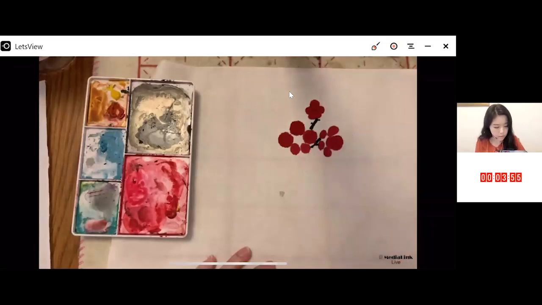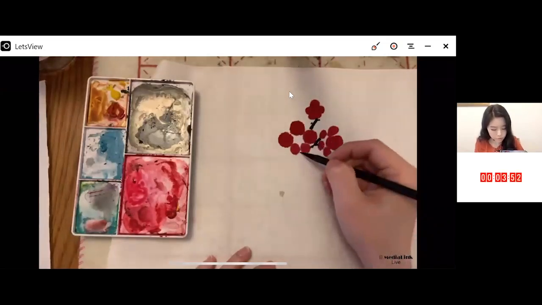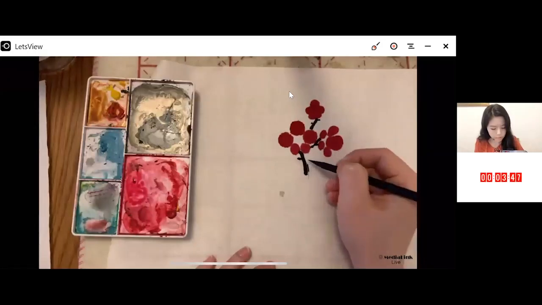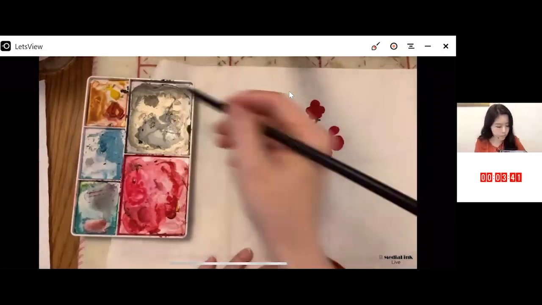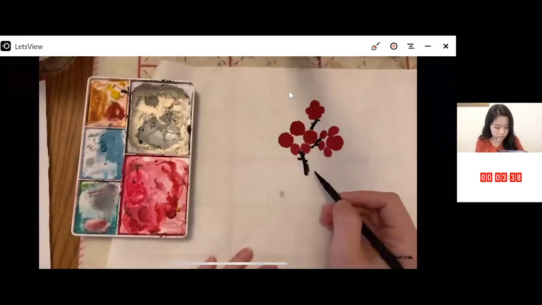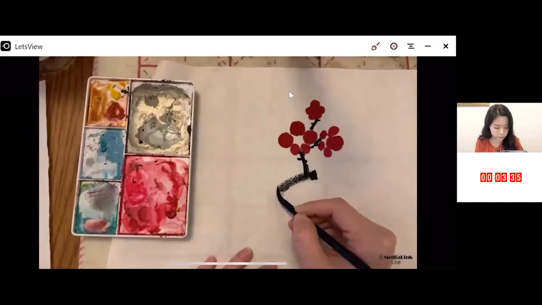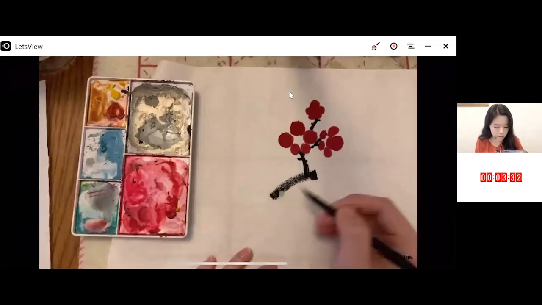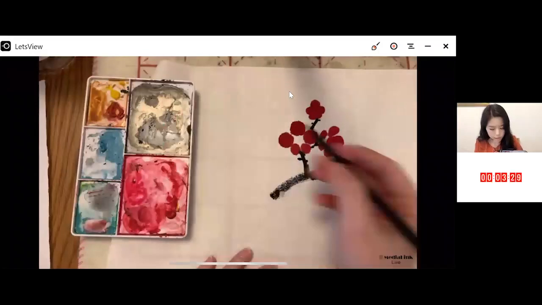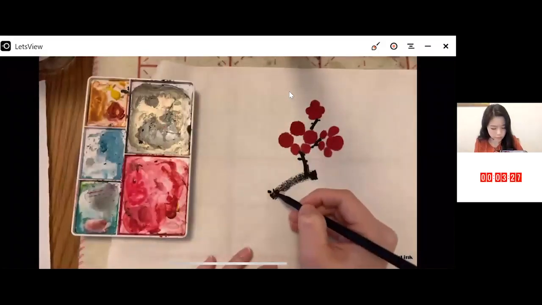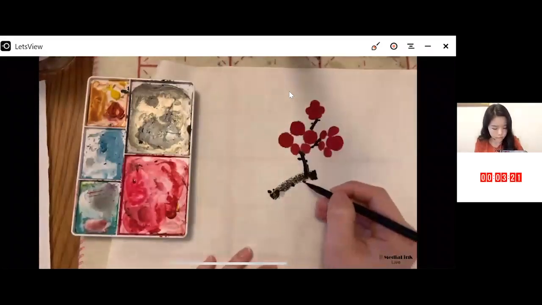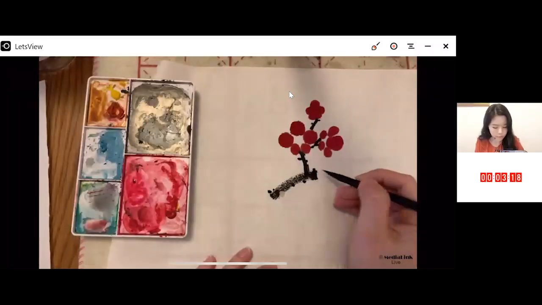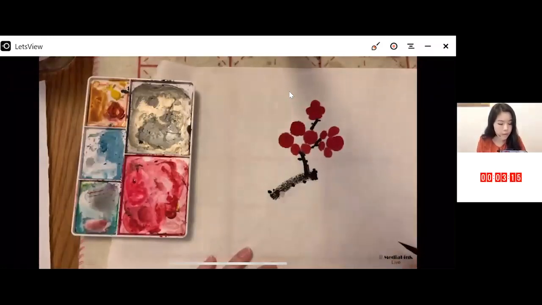So don't get too much water with your brush when you are drawing the branches, because the branches of the plum trees actually have dry skins, so we can create a very dry texture with a dry brush, like this.